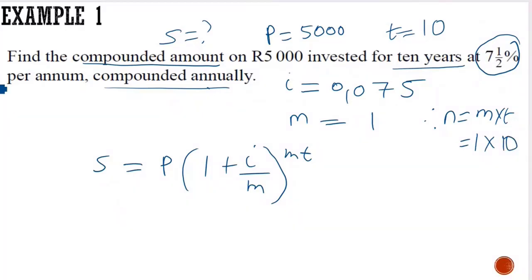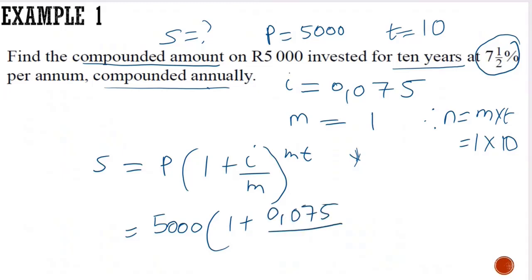I want us to use this formula so then we don't move between a formula which is not compounding. We stick to this formula. So now your present value is 5,000 into 1 plus your interest rate there, which is 0,075.